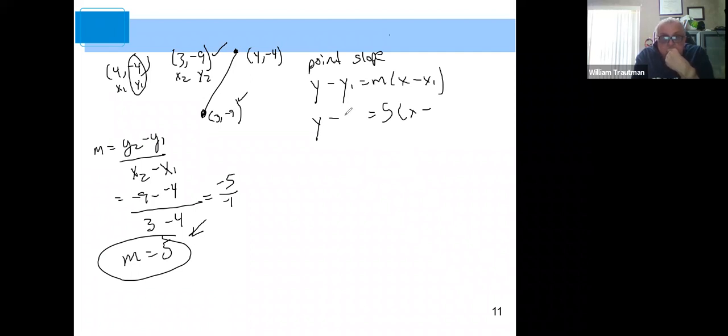Y minus... I'm going to use this point. So I'm using this as y1, then -9. I wonder if it matters, or x1 is 4. It shouldn't matter which one we use. So this is y plus 9 equals, distribute, 5x minus 20.